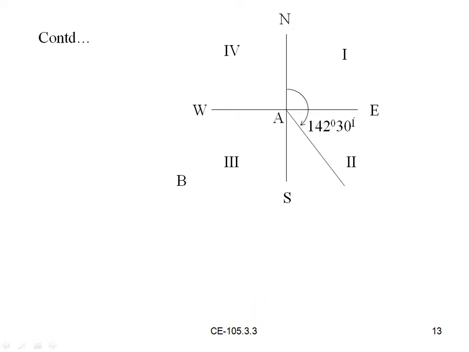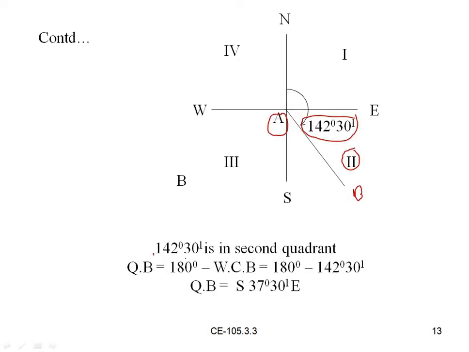And the next one, 142 degrees 30 minutes, is in the second quadrant, that is A and B. So here you can see 142 degrees 30 minutes is in the second quadrant, so quadrantal bearing is equal to 180 degrees minus whole circle bearing, which is 180 degrees minus 142 degrees 30 minutes.